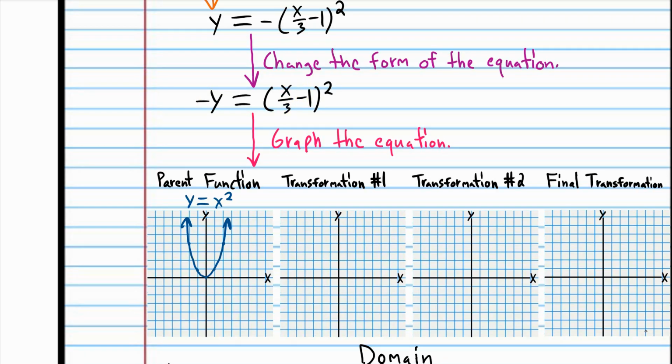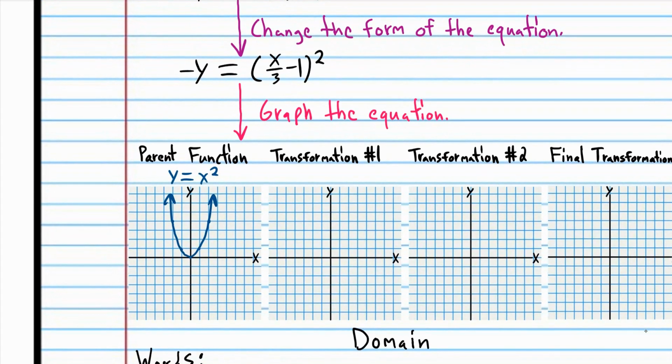Well, we can do that, but the transformation properties don't tell us what to do in terms of changing the graph. But if we subtract 1 first from x, that tells us to move the graph to the right 1, and then if we divide x and x only by 3, that tells us to multiply all the x values by 3.